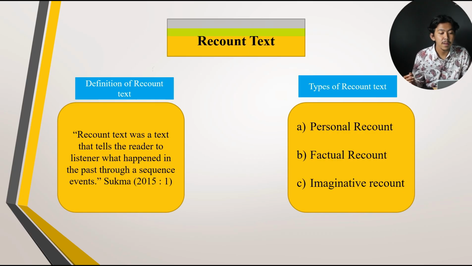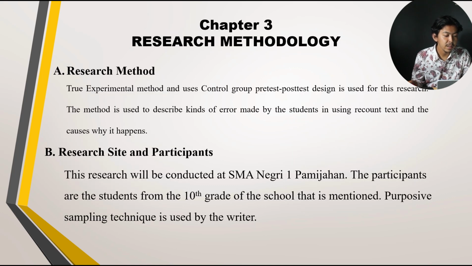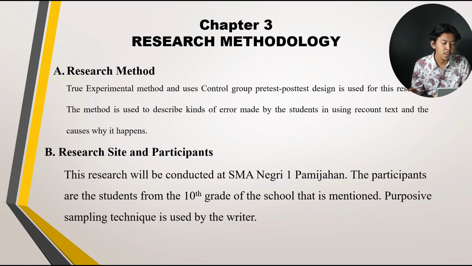Okay, chapter 3, research methodology. Research method. The true experimental method and control group pre-test, post-test design is used for this research. The method is used to describe the kinds of errors made by the students in using recount text and why it happens.